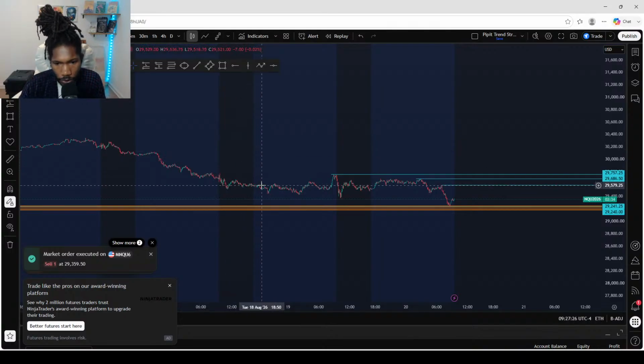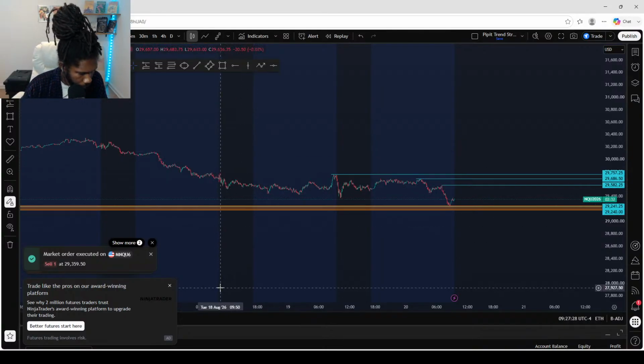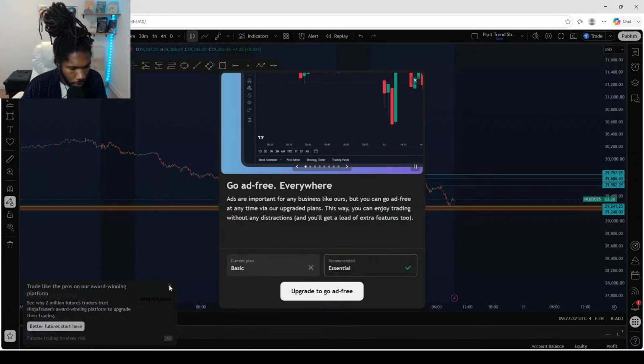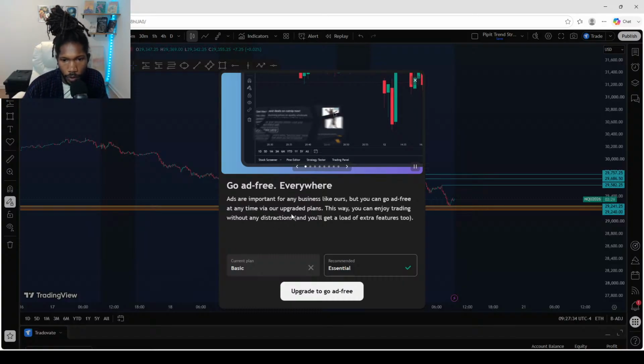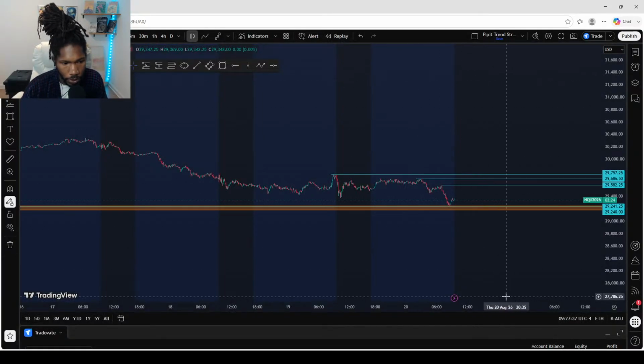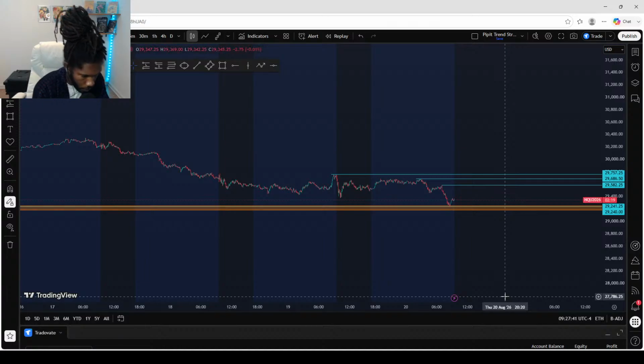Actually, just enter the position. I saw a setup over here on my trade terminal. I just took the position. So I'm selling MNQ.